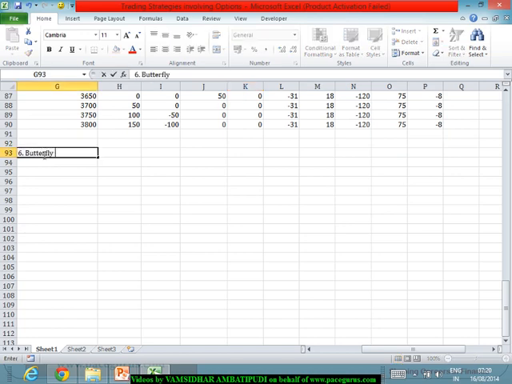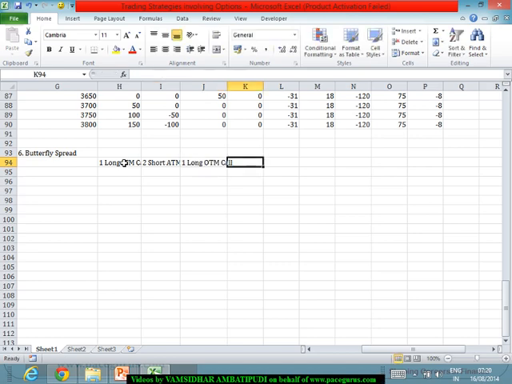I call this a butterfly spread, wherein I talk about one long ITM call, 2 short ATM calls, and one long out-of-the-money call.